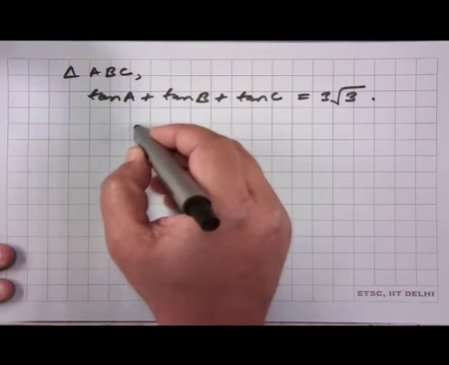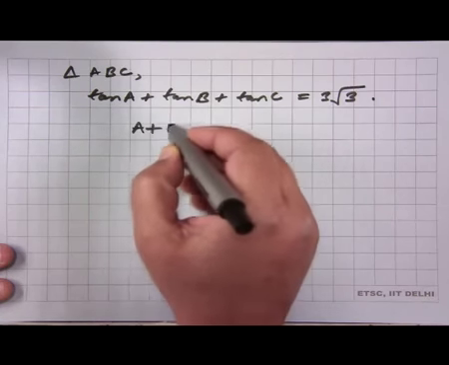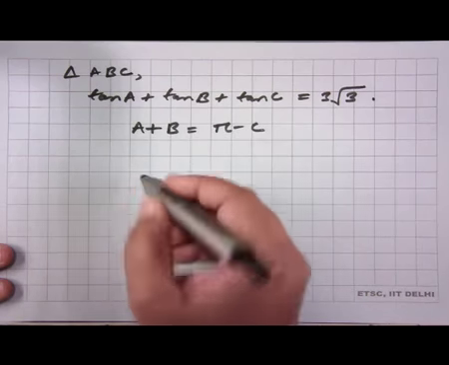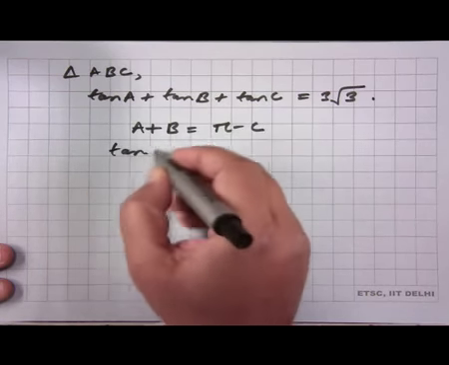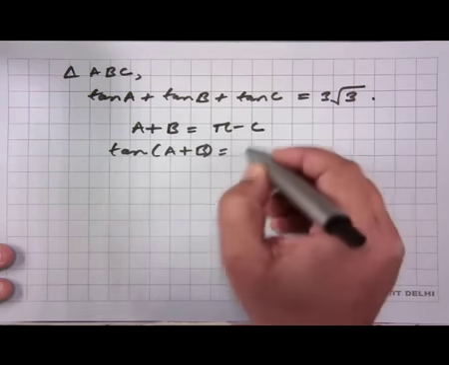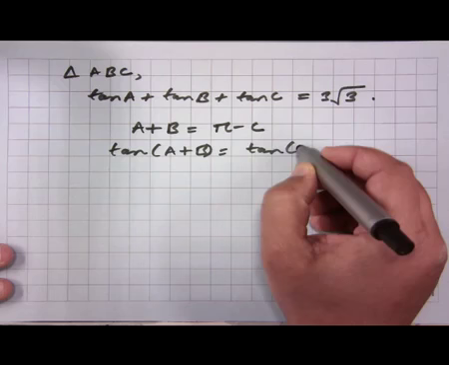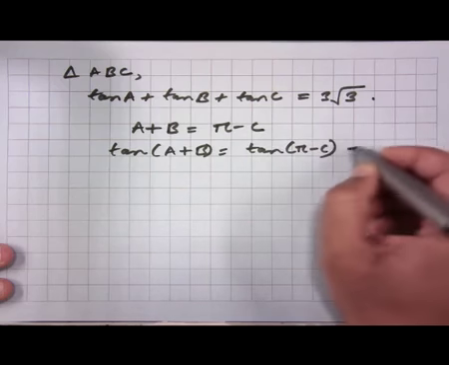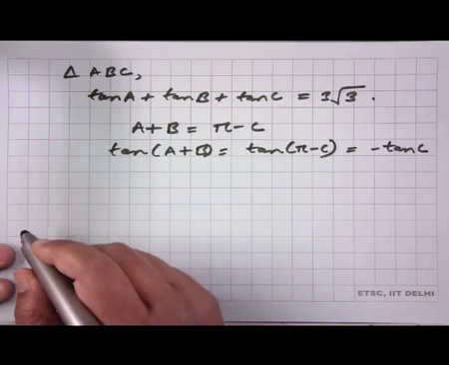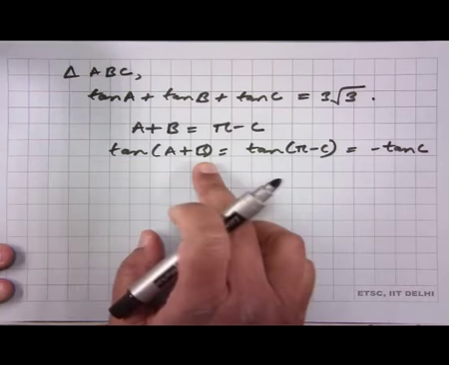In any triangle, A plus B is pi minus C, and therefore, tan of A plus B is tan of pi minus C, which is minus tan C. But here we use the tan A plus B formula.